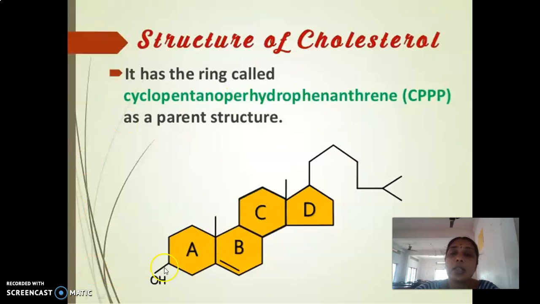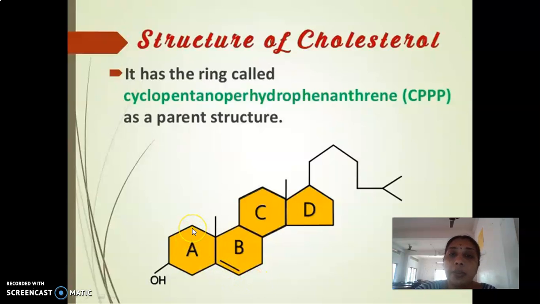And this is the structure of cholesterol. It has four ring systems, namely A, B, C, and D. And the D ring is continued with an isoprenoid side chain, and it has an OH group on the third position, two methyl side chains on the 18th and the 19th position, and a double bond between the fifth and the sixth carbon atom.